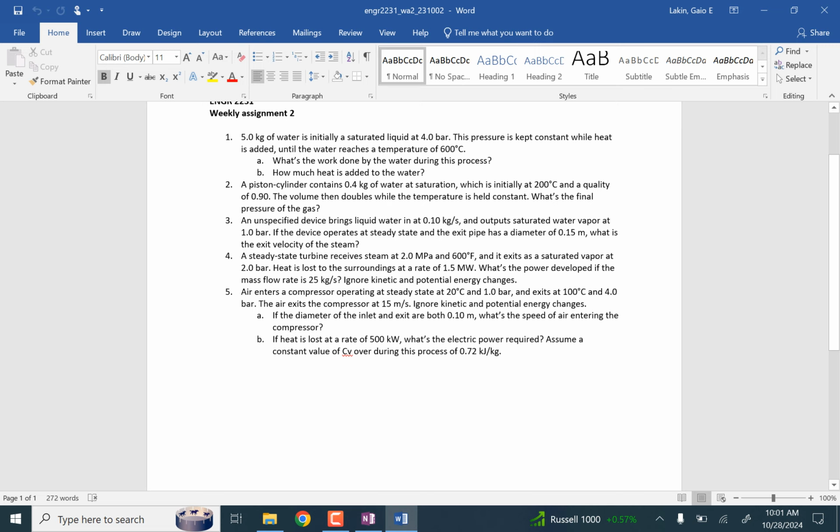Okay, so it's air, steady state, and you have temperatures and pressures at both. We've used air as an ideal gas several times, so it's a reasonable assumption to use ideal gas here, which means you could find the specific volume from the ideal gas law.